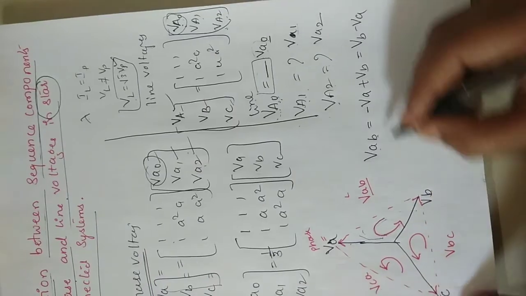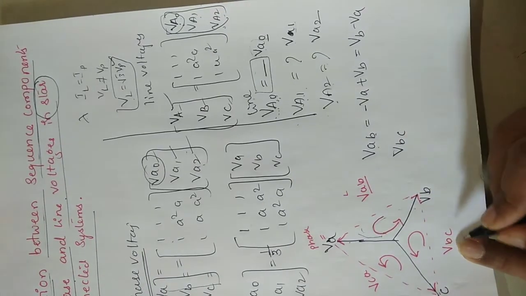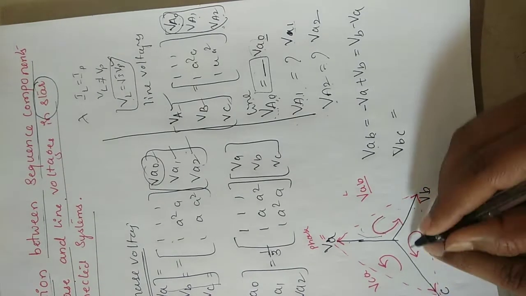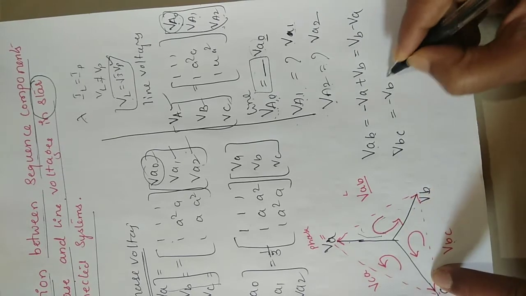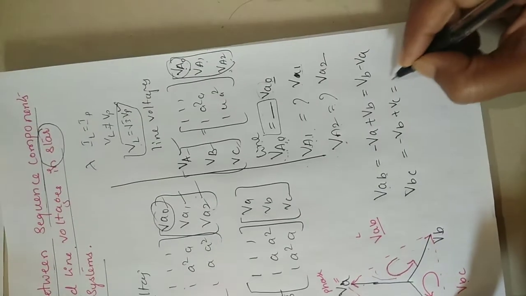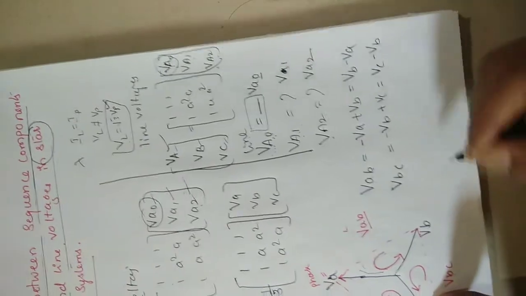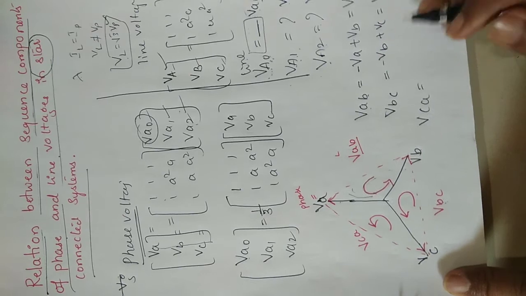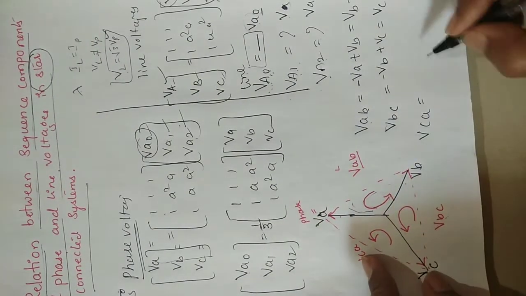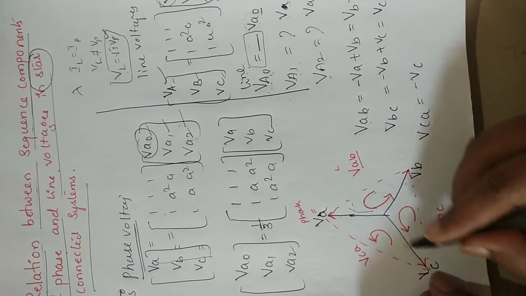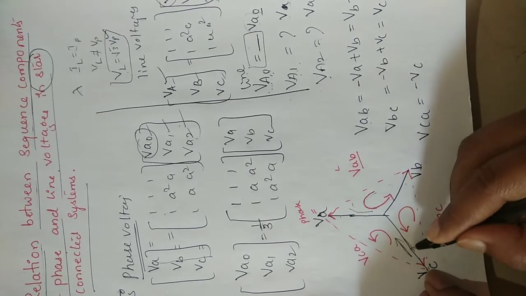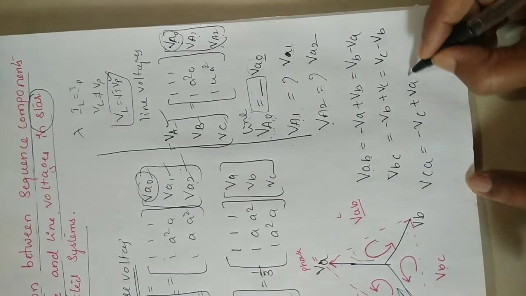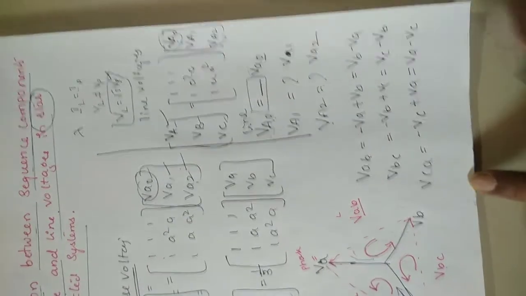Next, to get VBC, apply this loop: VBC is equal to minus VB plus VC, so VC minus VB. Similarly VCA is equal to minus VC, since it is in the opposite direction, and plus VA. Therefore VCA is VA minus VC.